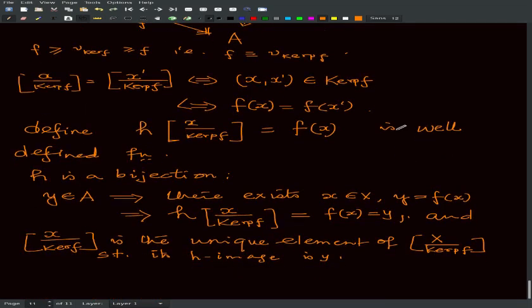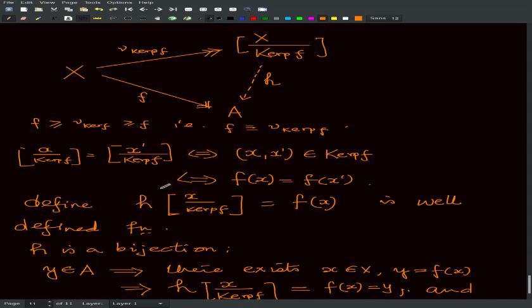So you see, what I took was, I have to show that it is a bijection. I have to show that if I take any element from here, I get one and only one element from here which is mapped by H to this, right? That's the meaning of a bijection: each element of the codomain has a unique pre-image.